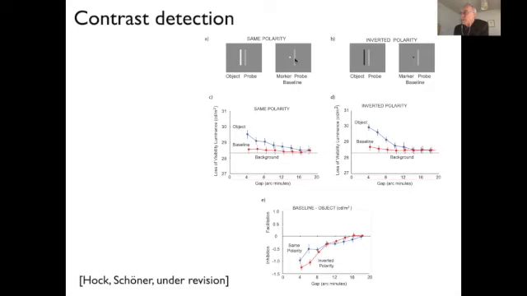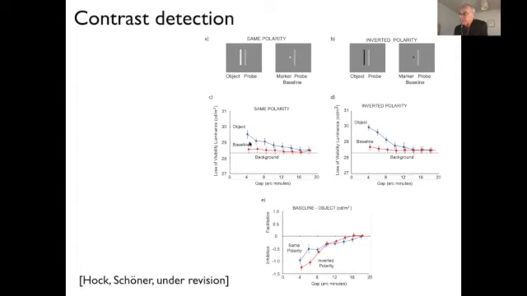Now, it turns out that this marker plays a role. So if this marker is more than just minimal, for instance, is an object of the same overall size and area, it actually affects the detection of the probe. One way to see that is you could compare how bright the probe has to be in the presence of an object compared to just the presence of this minimal marker.